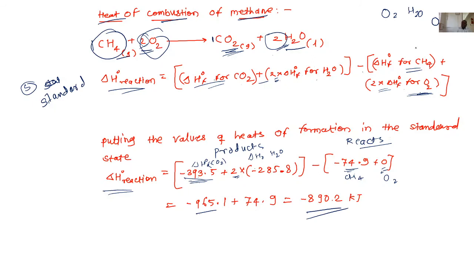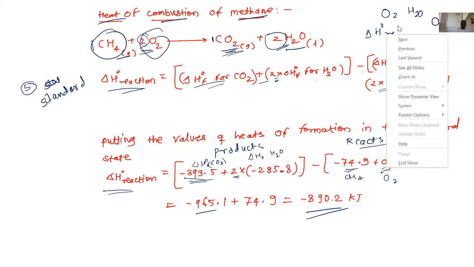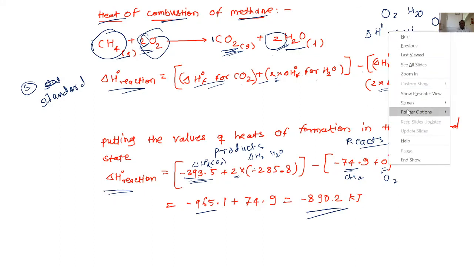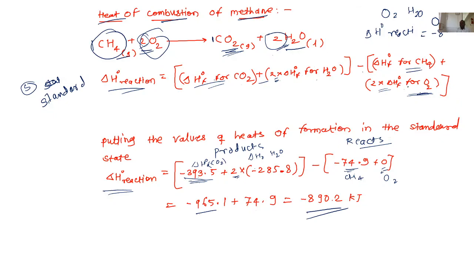Therefore, delta H0 for this reaction is equal to minus 890.2 kilojoule.